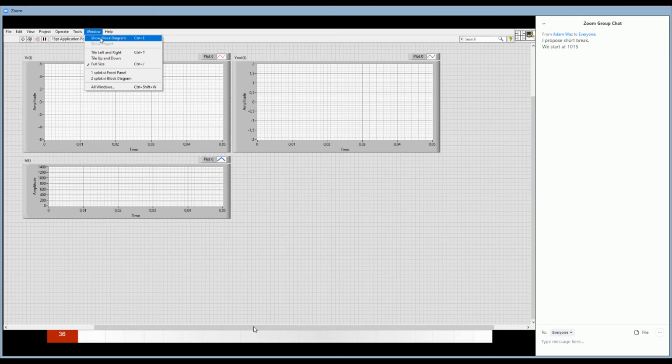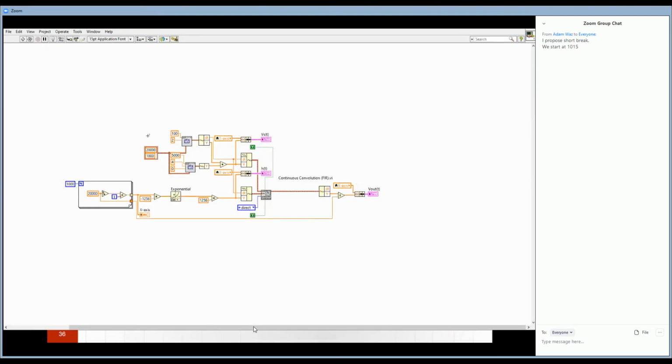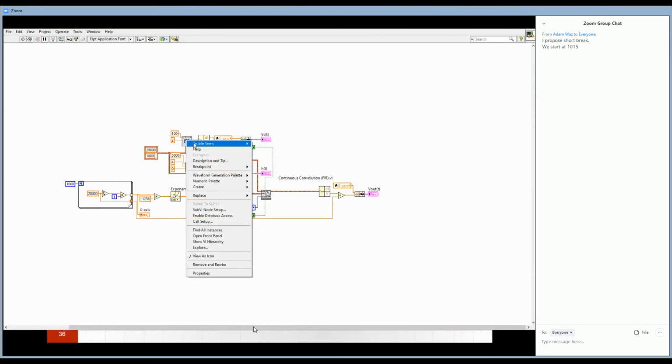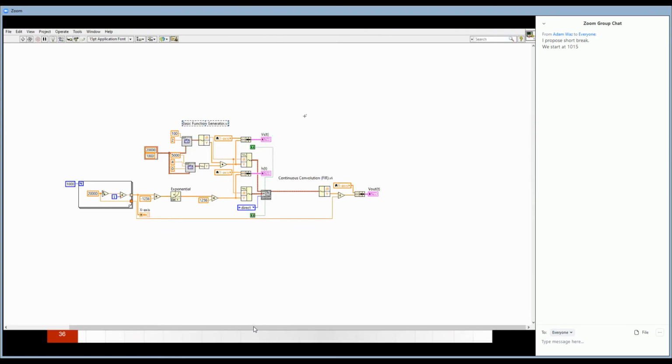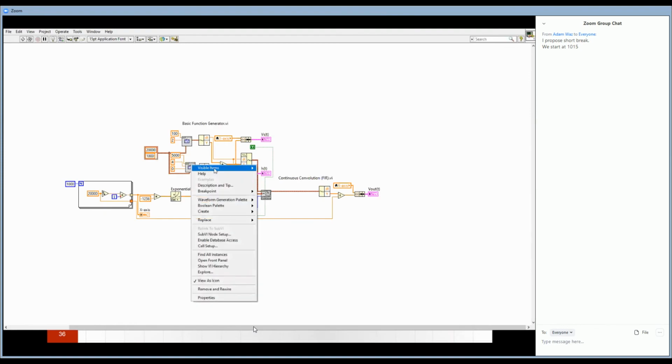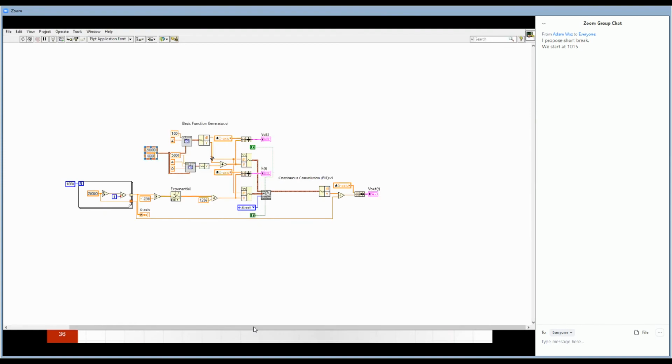Now I switch to the block diagram, and in the block diagram I use two basic generators, and this h function.